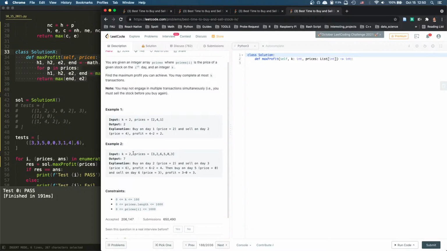Depending on K, we're going to have K pairs. So we're going to have a hold array and an empty array, each the same length as K, and then we just iterate through both.